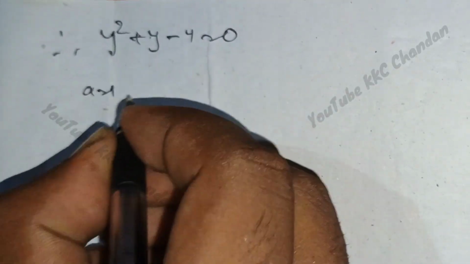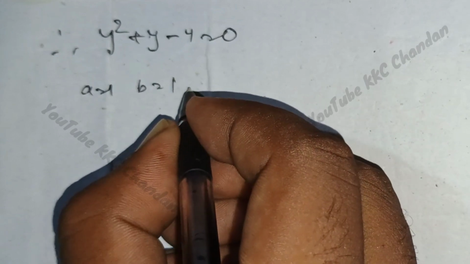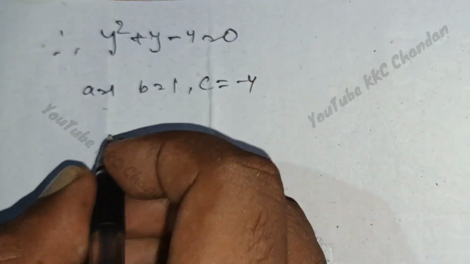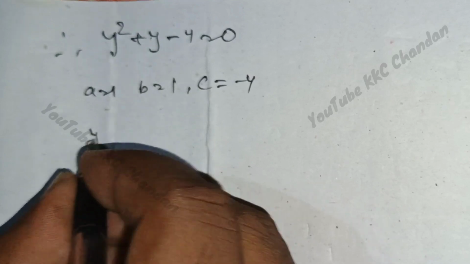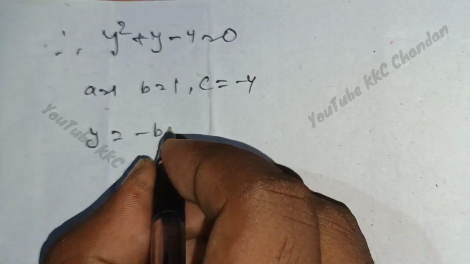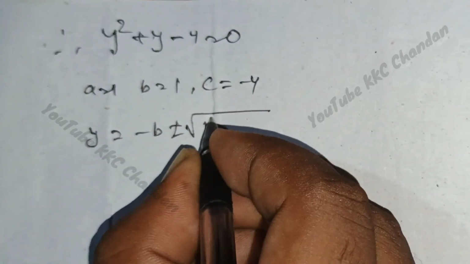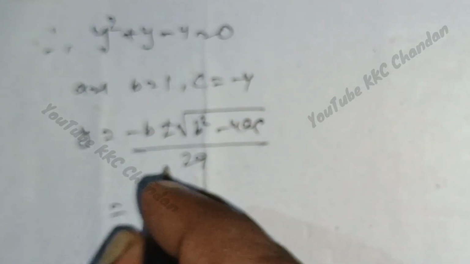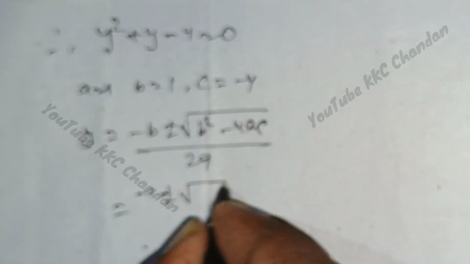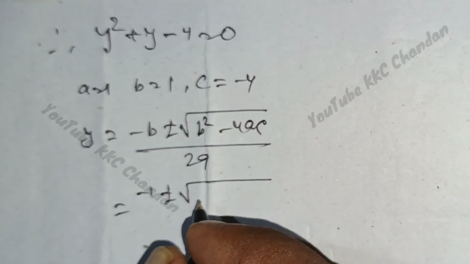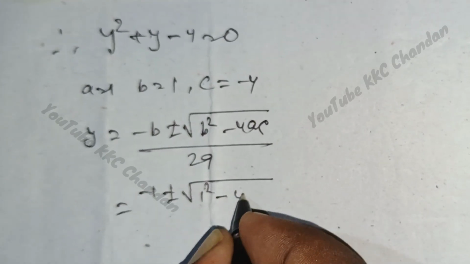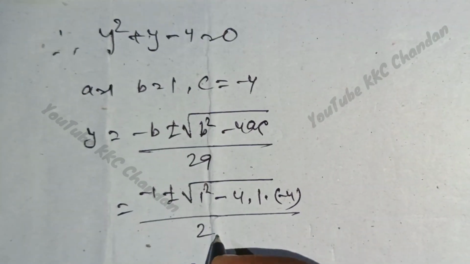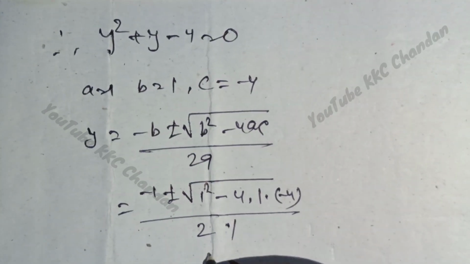Therefore, a is equal to 1, b is equal to 1, c is equal to minus 4. According to the quadratic formula, y is equal to minus b plus or minus root under b square minus 4ac, divided by 2a. The b value is 1: minus 1 plus or minus root under 1 square minus 4 times a value 1 times c value minus 4, divided by 2 times a value 1.